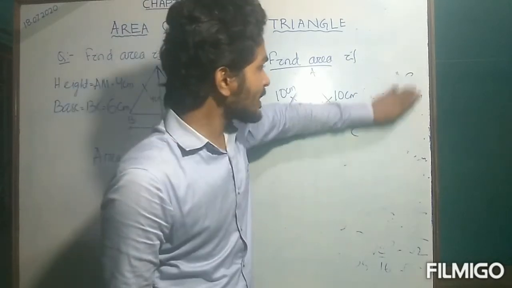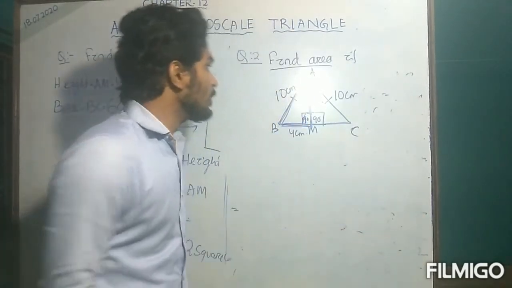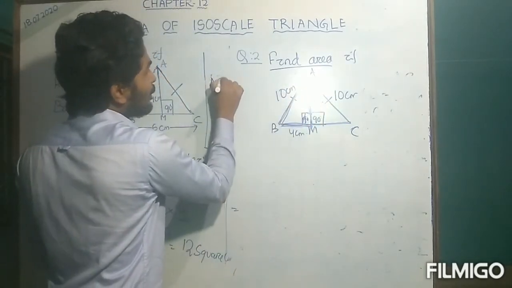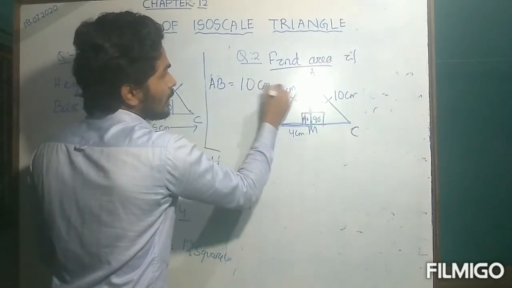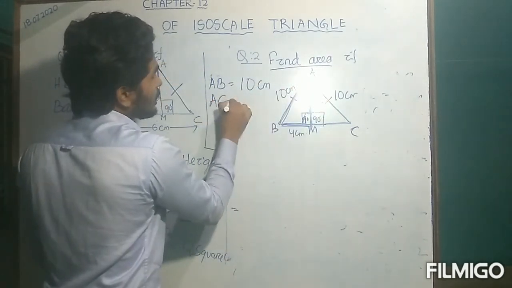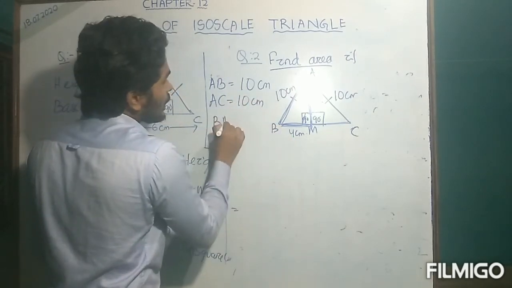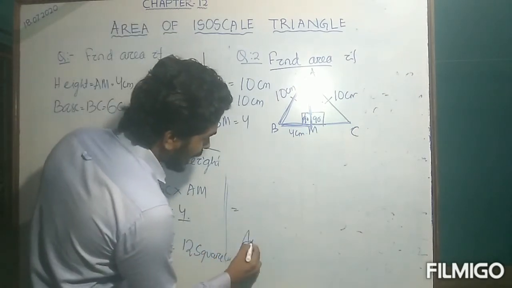Using the same formula, we first find the area. How? First write down what is given here. Given AB is equal to 10, AC is equal to 10, BM is equal to 4. So we need to find the area.